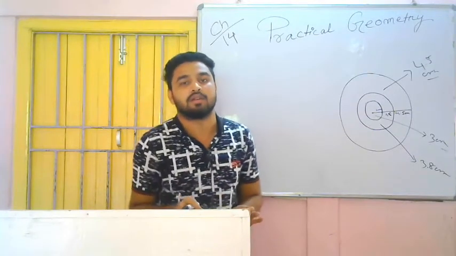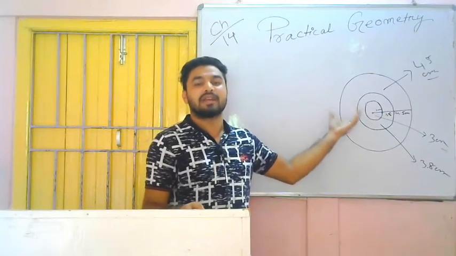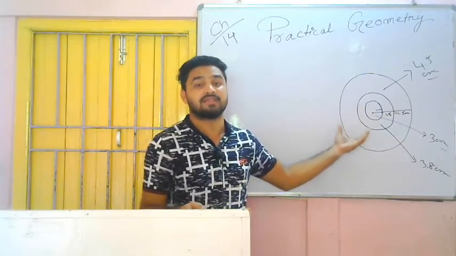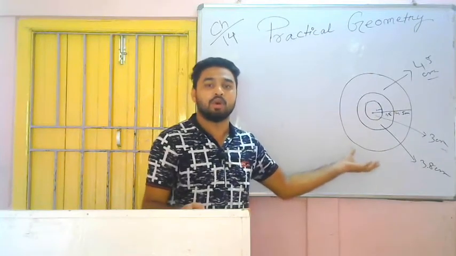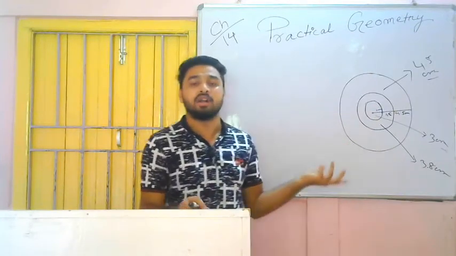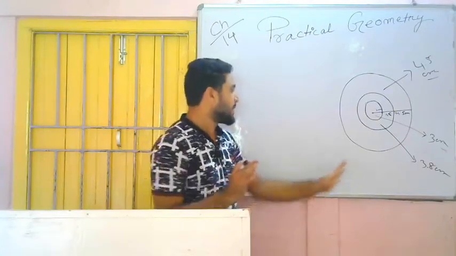Concentric circles. So the special name of these circles is concentric circles. That means circles drawn with the same center are called concentric circles. Have you understood?